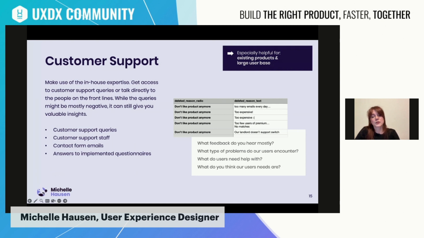Another one was that the service was too expensive. That might not be as easy to get around, but you can think about adjusting your pricing strategy or introducing a trial phase. And the last one here was that the landlord doesn't accept the home exchange. So we thought about ways to help our users and to also make landlords understand that they have no negative consequences by doing so.